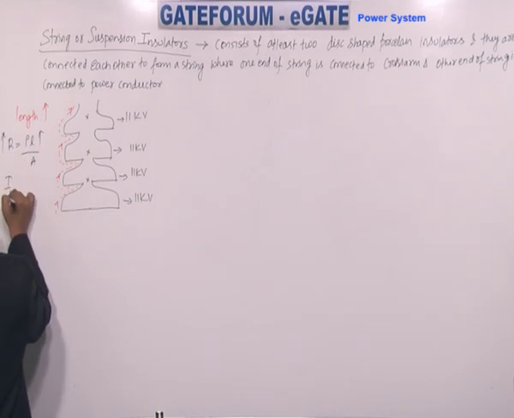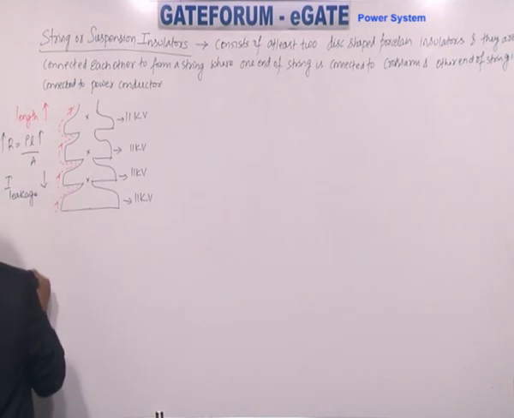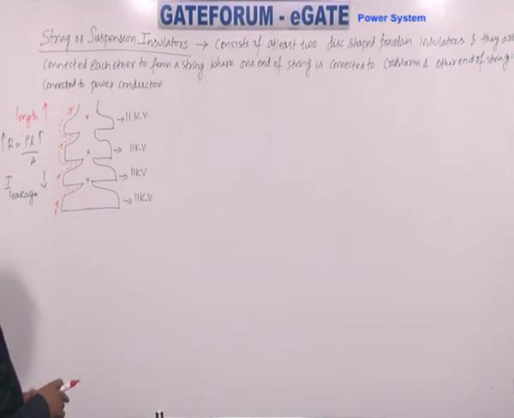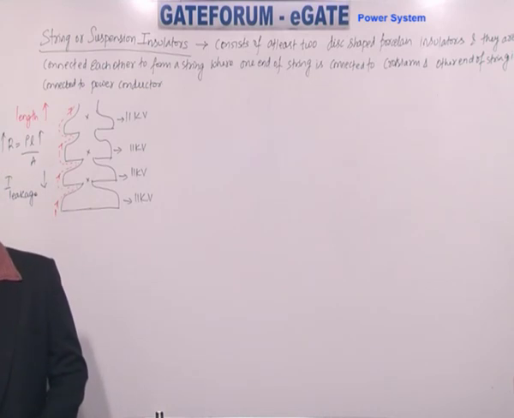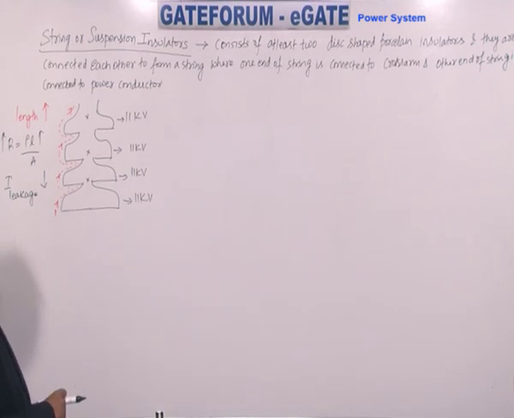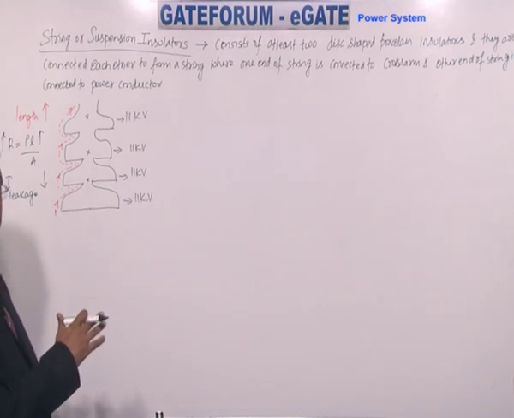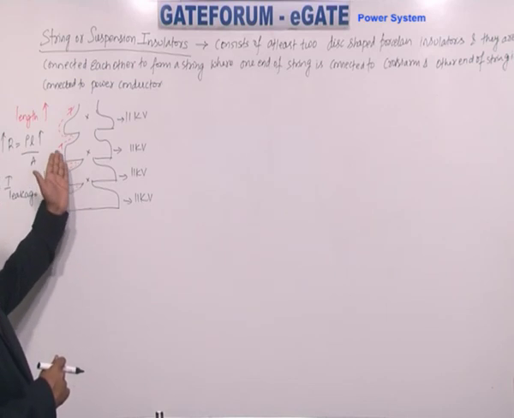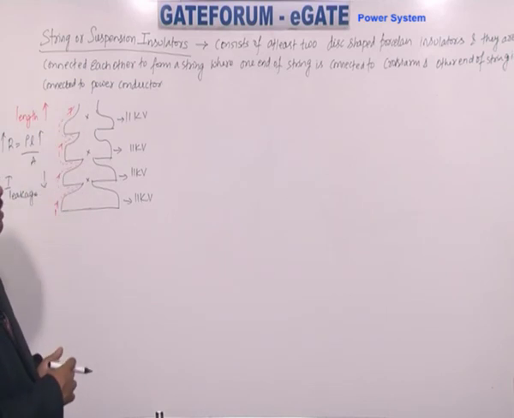If R increases, what about the leakage current magnitude? It decreases. So in order to decrease the magnitude of leakage current, this particular shape is given to the insulators.